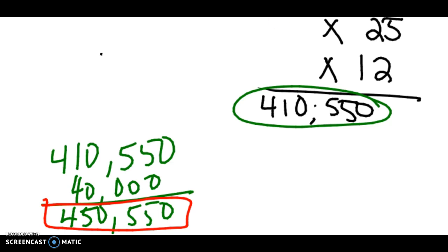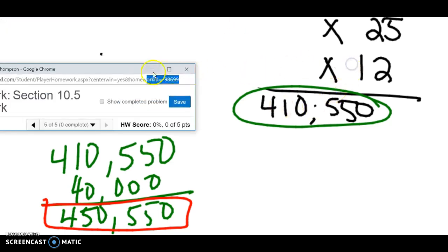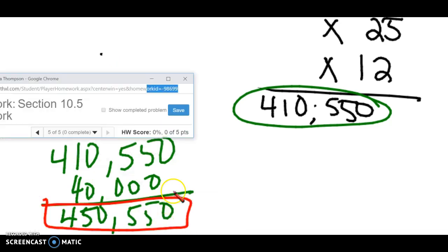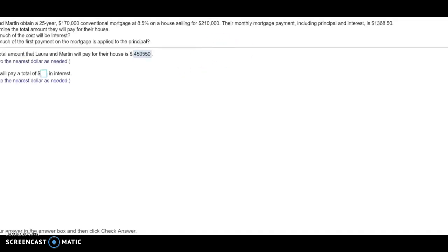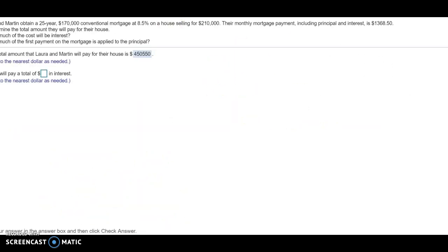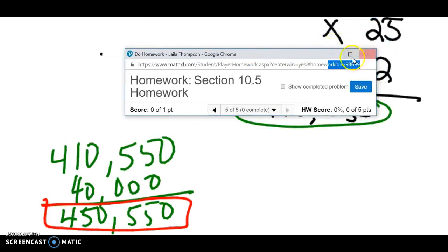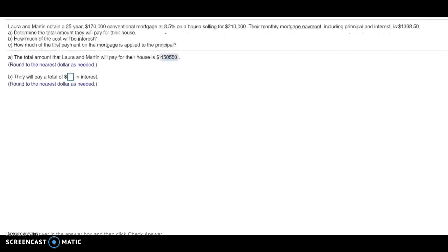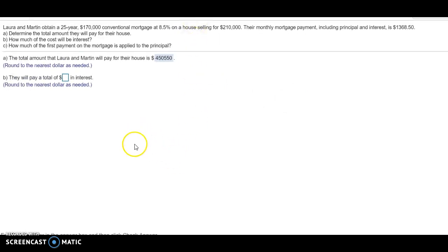Okay, the next part of the question asks us to find the amount that they will pay in money towards interest.